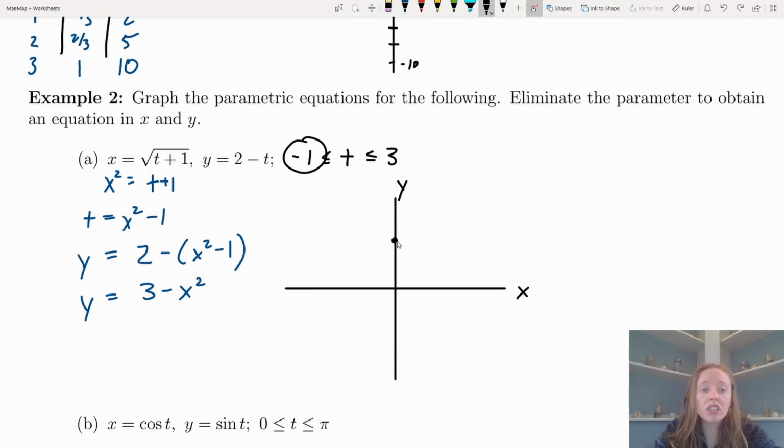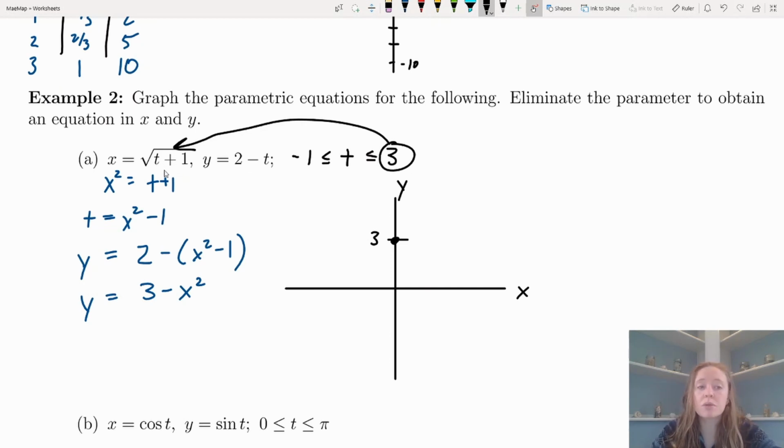So I'm actually starting at x equals 0. So I'm starting at my y-intercept. Now I'll plug in 3 to see where I'm ending. If I plug in 3 for t in my x equation, I'll get x equals the square root of 3 plus 1, which is x equals the square root of 4, which is +2. So I'm ending at x equals 2.